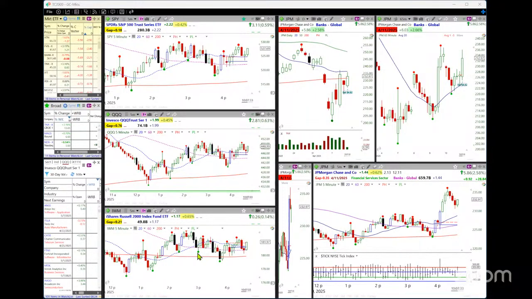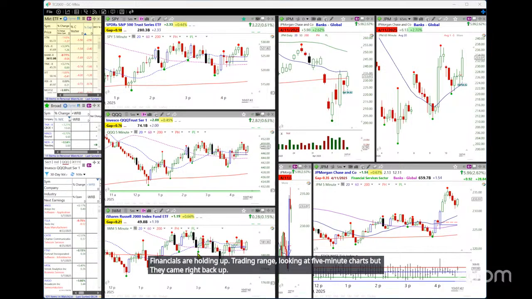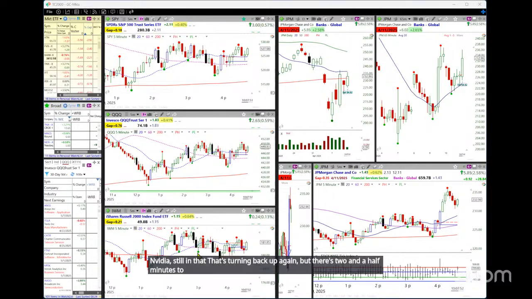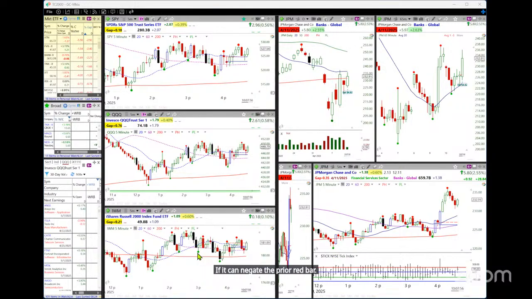Financials are holding up. Trading range, looking at 5-minute charts, but they came off, they came right back up. Nvidia's turning back up again, but there's 2.5 minutes to go on this 5-minute bar. If it can negate the prior red bar, look, markets are coming back up.